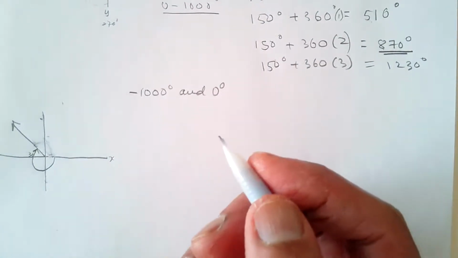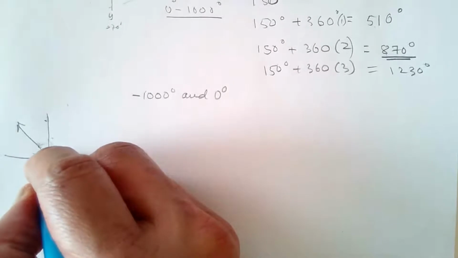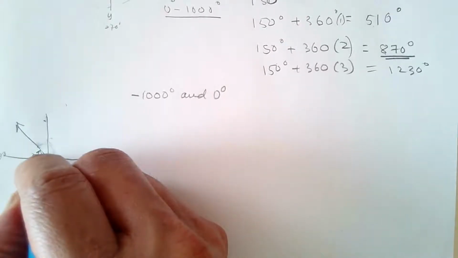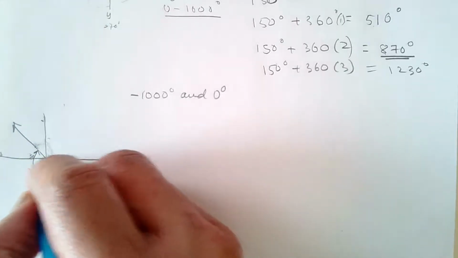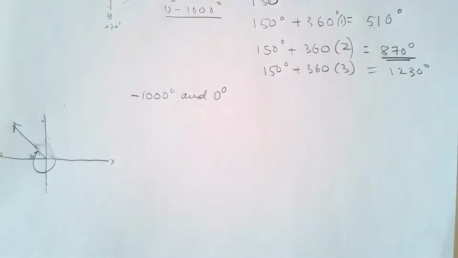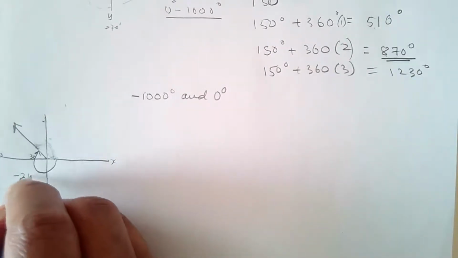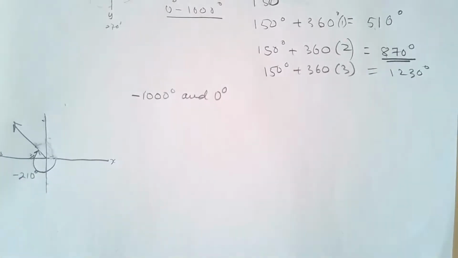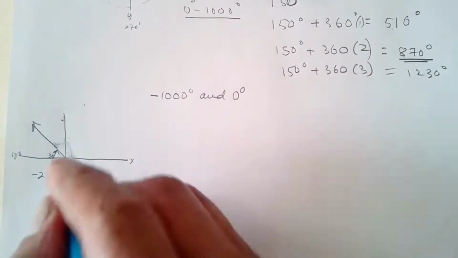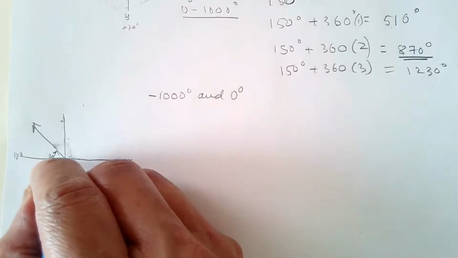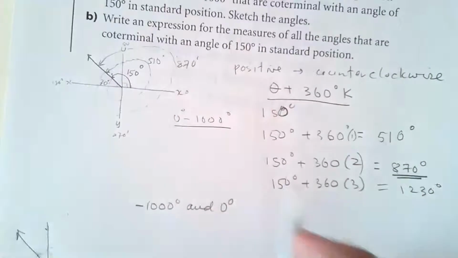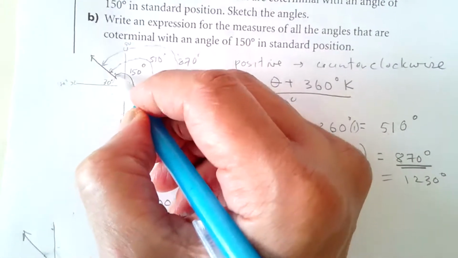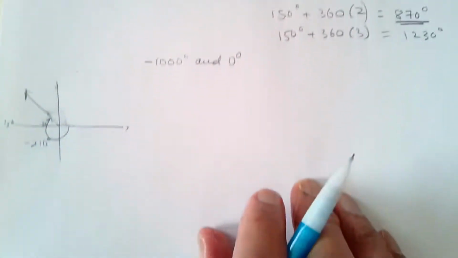This angle here is 180 plus 30, which gives 210 degrees, so it will be negative 210 degrees, because we're starting from 0. The previous one, going counterclockwise, is 150 degrees.